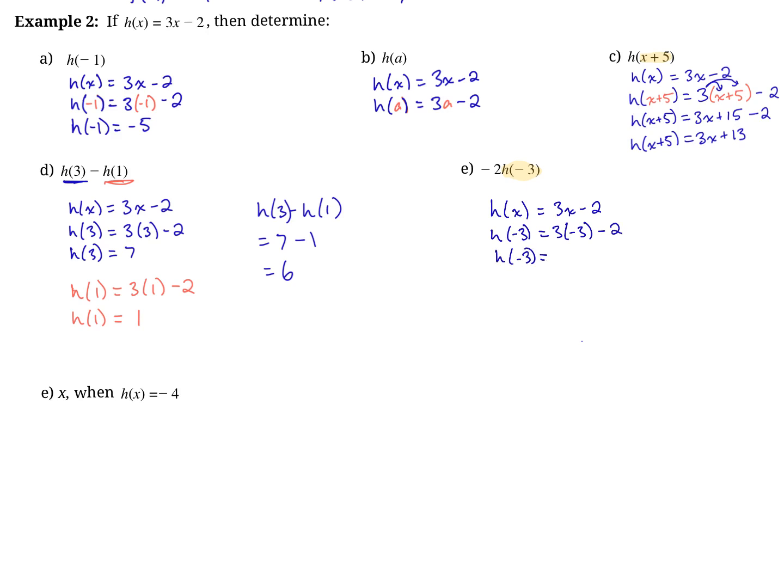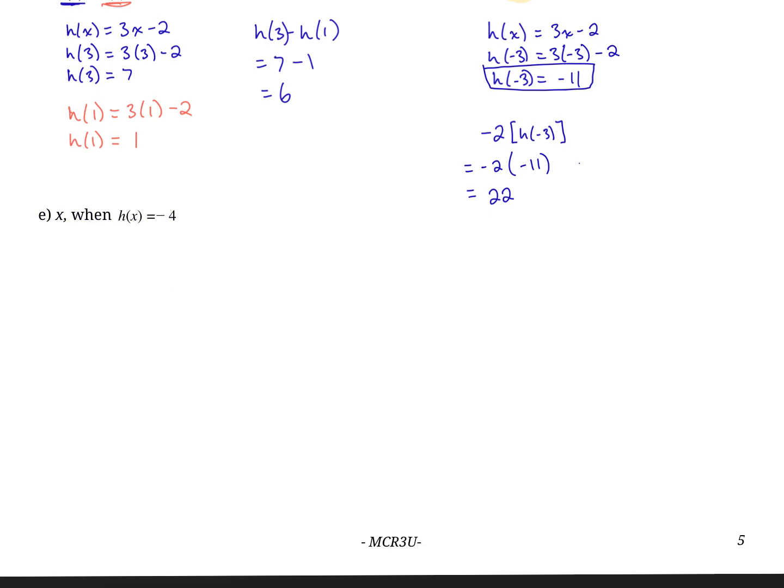And that's just equal to negative 11. So we need to find negative 2 times this h at negative 3. So that's negative 2 times, and we're going to replace this h at negative 3 with negative 11. So that's just equal to 22.